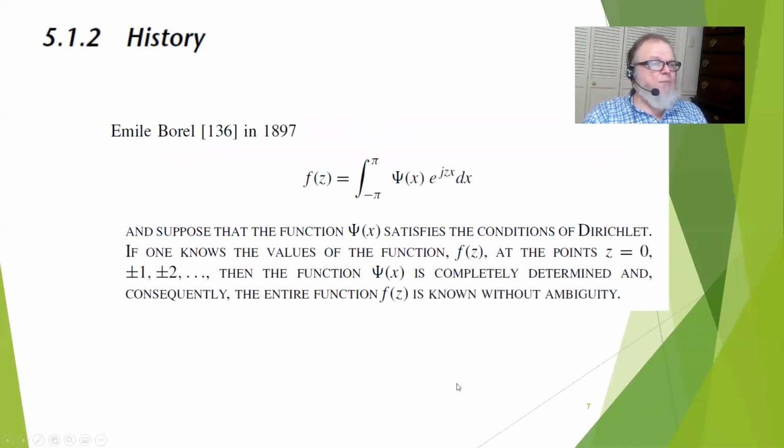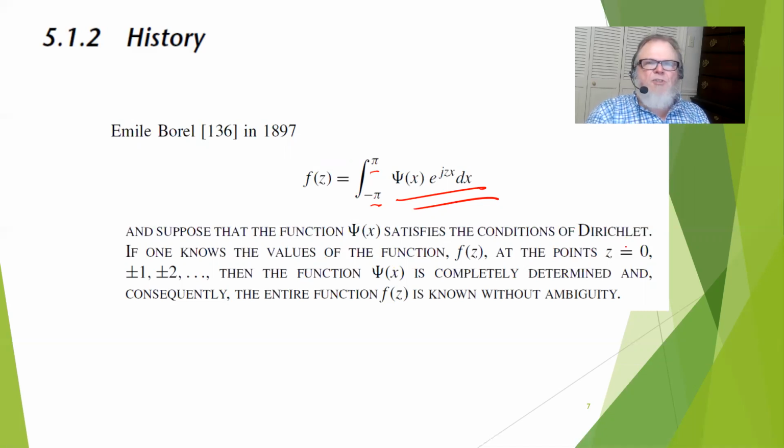Here's Borel's quote. You notice, not this quote, but this equation. You notice what this equation looks like. This equation looks like kind of a Fourier transform, doesn't it? And we have a band limitedness in the sense that we have just a band limit from minus pi to pi. And he goes on, and he says the function satisfies the conditions of Dirichlet.